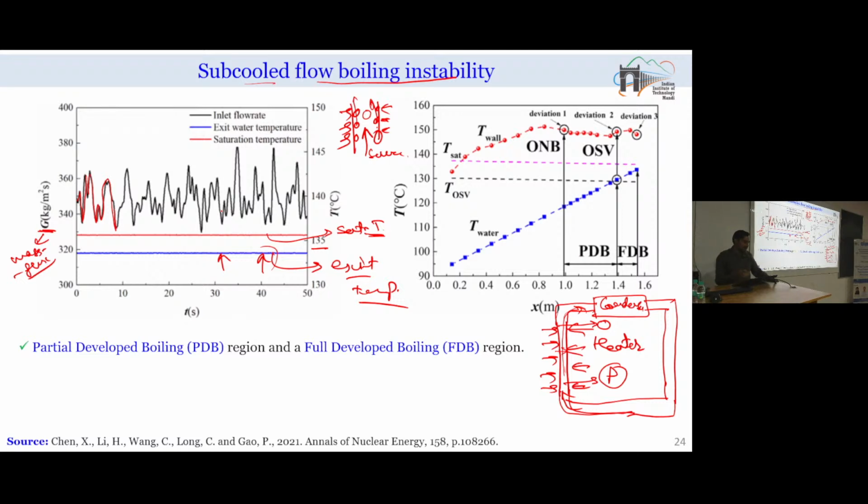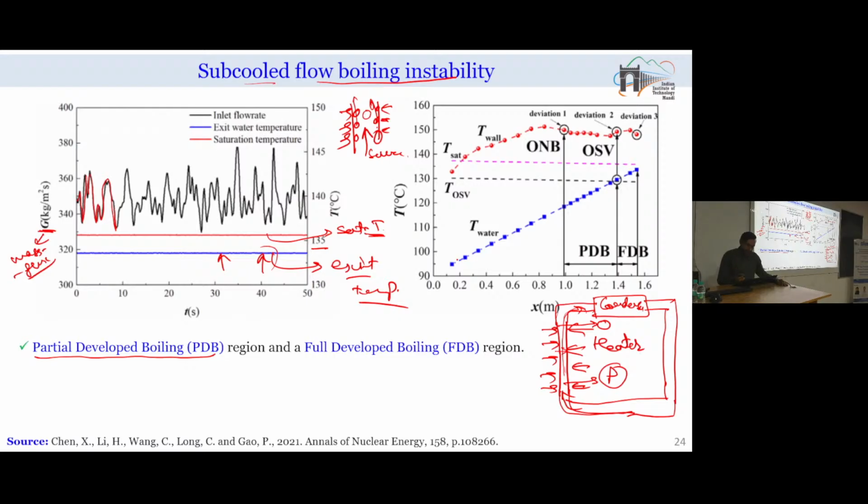So, the instabilities which typically take place because of this effect are called subcooled flow boiling instabilities, and the major reason for the occurrence of these instabilities is partial developed boiling. So, what is the meaning of partial developed boiling? All the bubbles have formed, but immediately after that these have condensed.